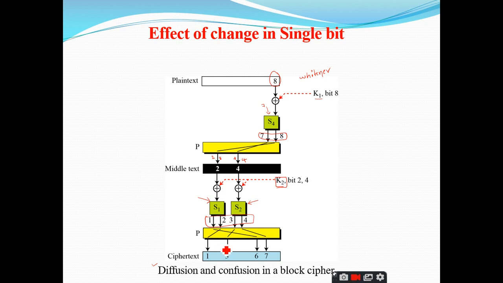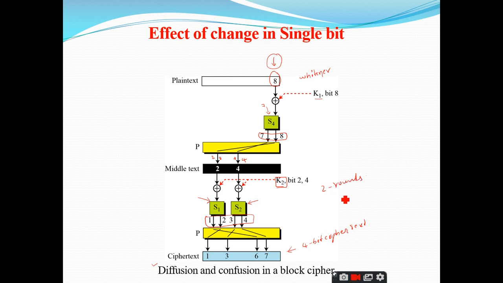So after permutation, the 4 bits 1, 2, 3, 4 become 1, 3, 6 and 7. So one single bit you take at the initial level, and after 2 rounds you can observe here that 4 bits of ciphertext have been affected, right? So one plain text bit is affecting 4 bits of cipher after just 2 rounds.